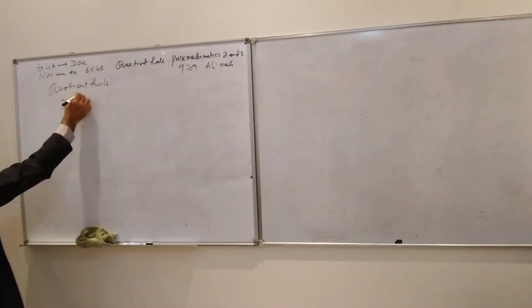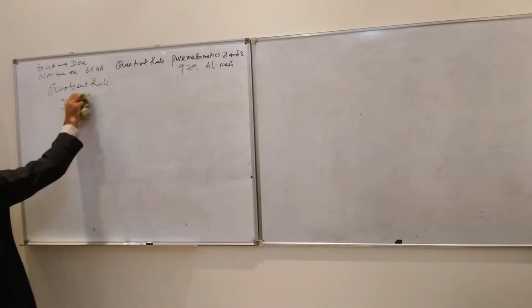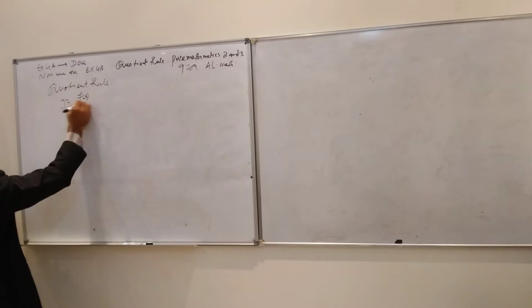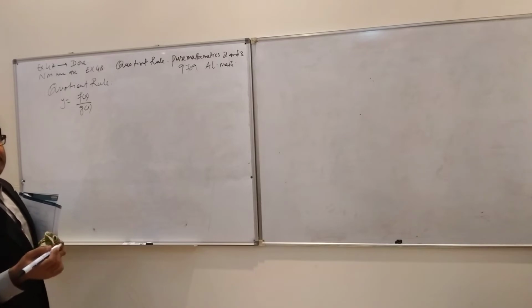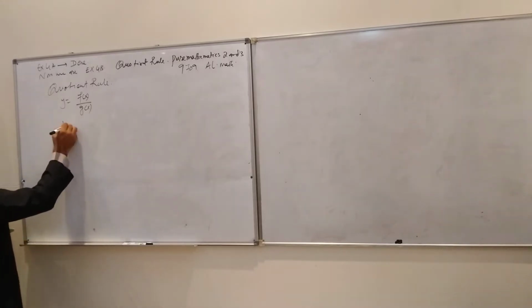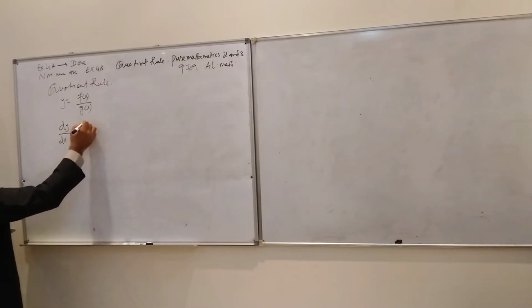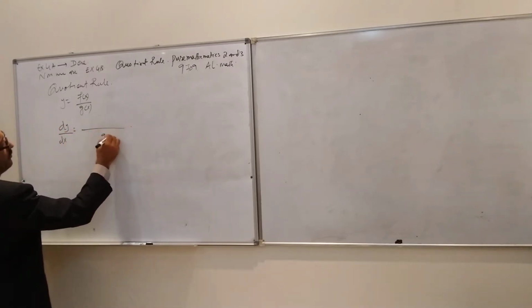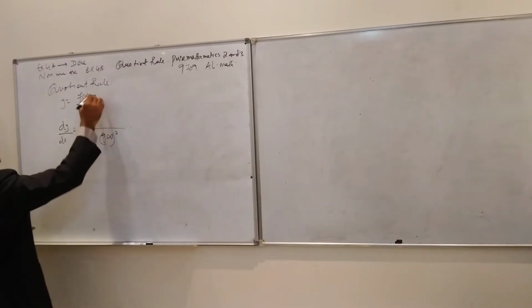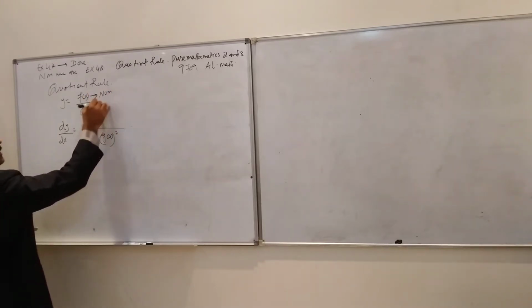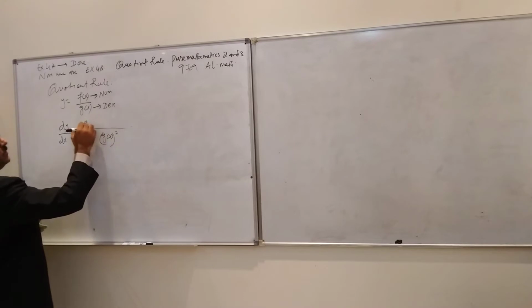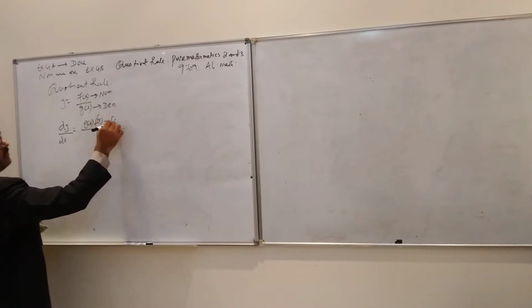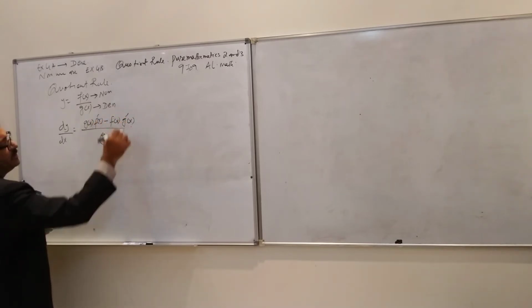If we have y equal to f of x over g of x, two functions given to us, and we differentiate them, then dy/dx is the denominator g of x whole squared in the denominator, and in the numerator: denominator times derivative of numerator, f dash x, minus f of x times derivative of the denominator, g dash x.